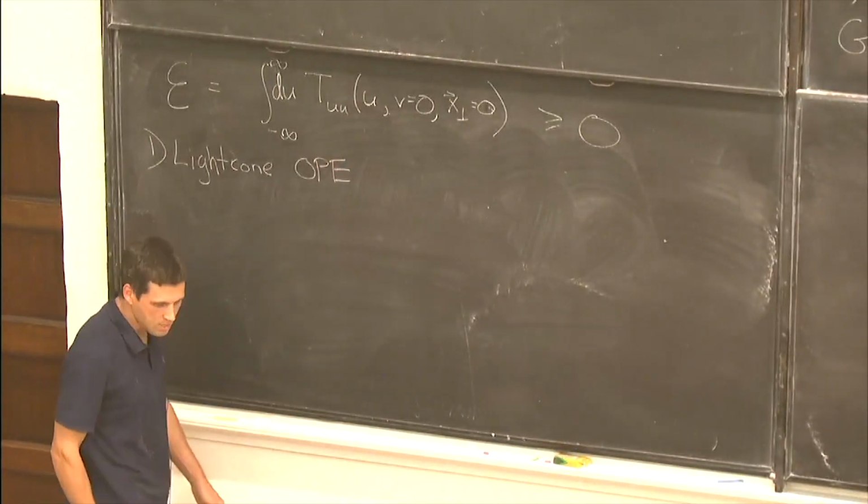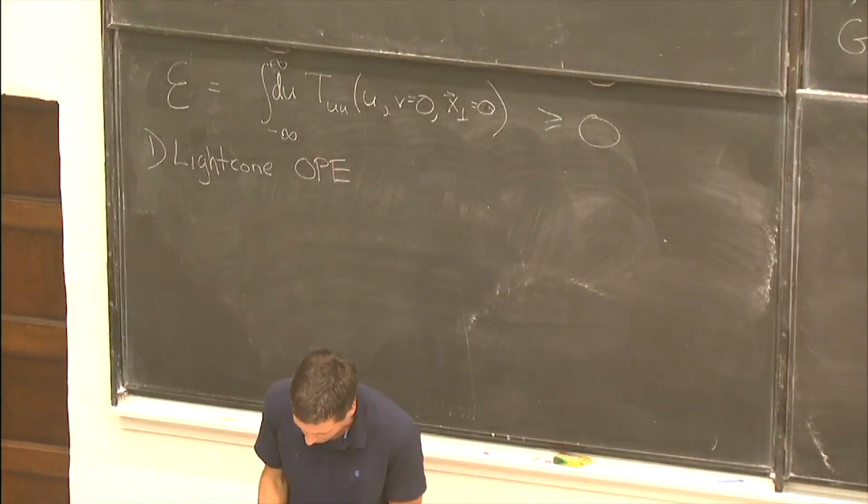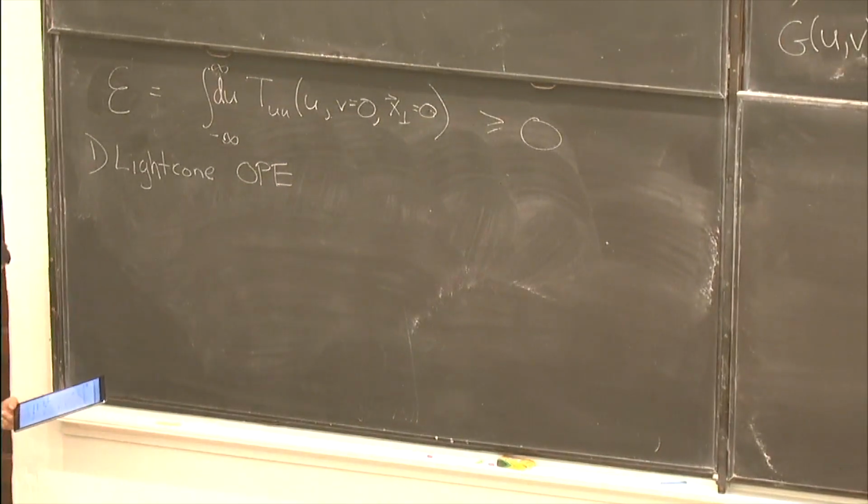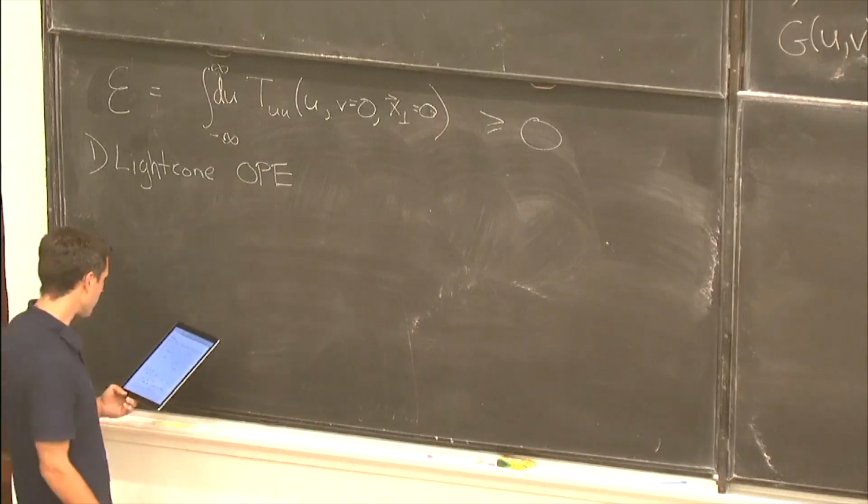the light cone OPE. You've already heard about light cone conformal blocks, but for our purposes it's going to be important to write this in terms of the null energy operator.